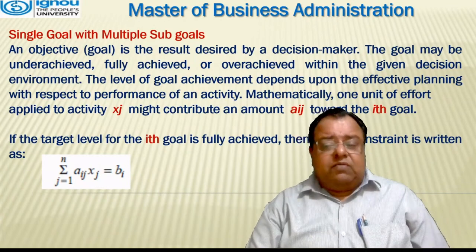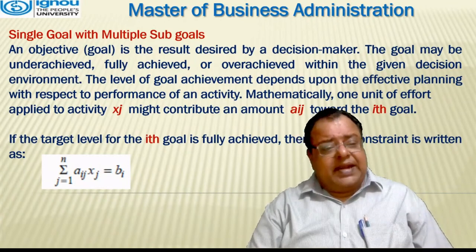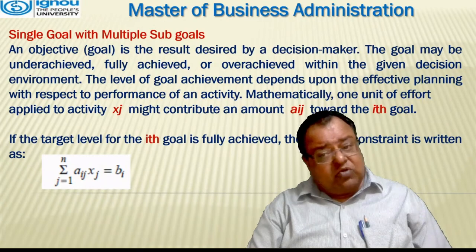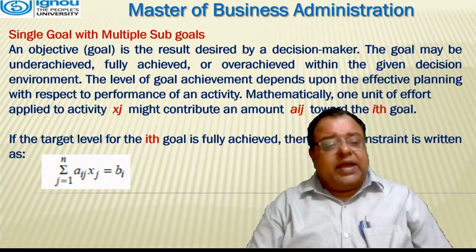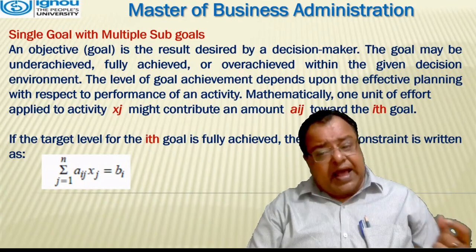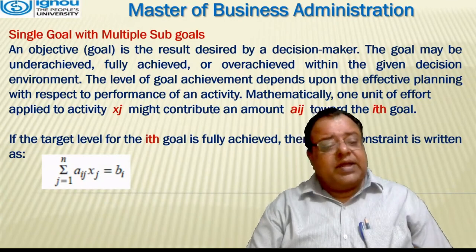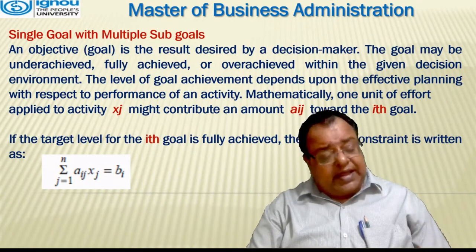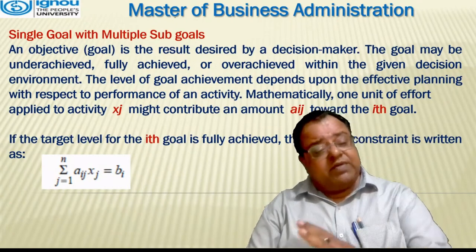Mathematically, one unit of effort applied to activity xj might contribute an amount aij towards the ith goal. If the target level of the ith goal is fully achieved, then the ith constraint is written as the summation of j equal to 1 to n of aij times xj, which is equal to bi.